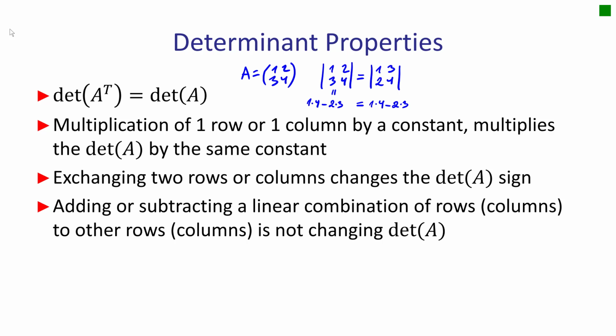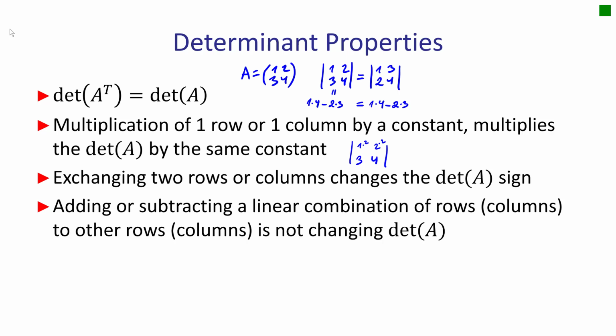Second property is multiplication of one of the rows or one of the columns by a given constant multiplies the determinant by the same constant. Let's take a simple example. Let's say you want the determinant of matrix 1, 2, 3, 4, but we will multiply that row by 2. So let's see what is the difference with the original.